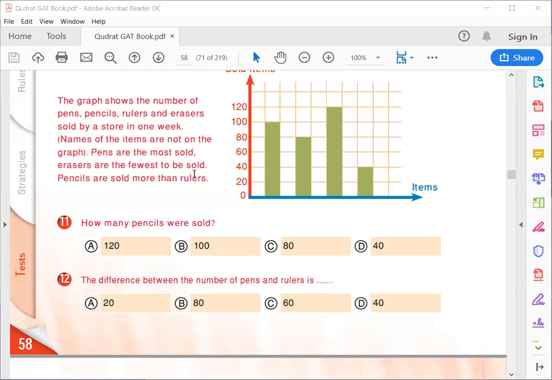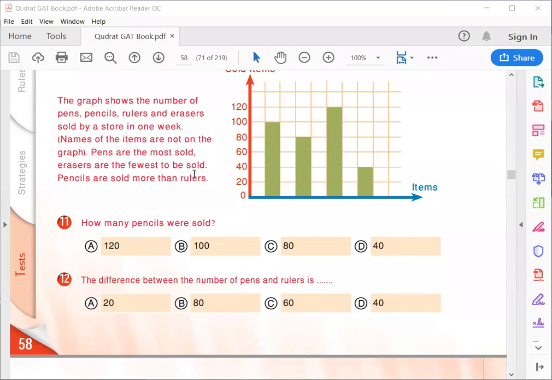Names of items are not on the graph. Pens are the most sold. Erasers are the fewest to be sold. Pencils are sold more than rulers.